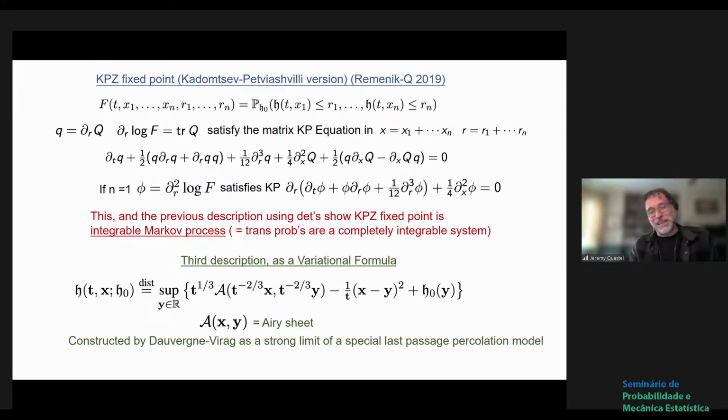The problem is that there's very little rhyme or reason for any of this stuff. There's just what formulas you can get by algebra, right? All I've said is it's a very good question. So there's a bunch of miracles which don't quite fit into the picture. Another miracle which doesn't fit into the picture is that all of this definitely depends on you starting with deterministic initial data.